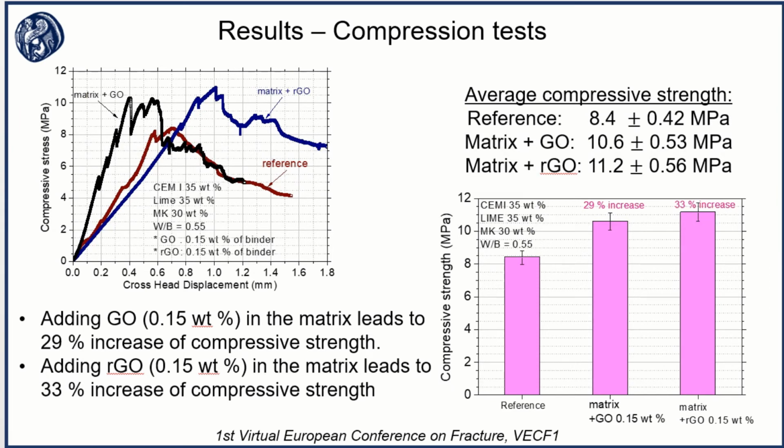The average compressive strength for the matrix with GO is 10.6 with a standard deviation of 0.53 megapascal, while for the case of RGO it is 11.2 with a standard deviation of 0.56 megapascal. The results are summarized in the right figure, where an increase of 29% was observed by adding GO in the matrix, while an increase of 33% was observed by adding RGO in the matrix.